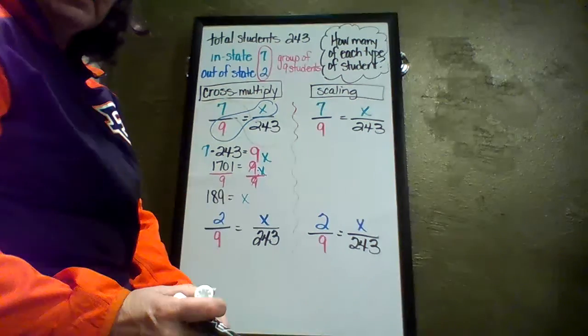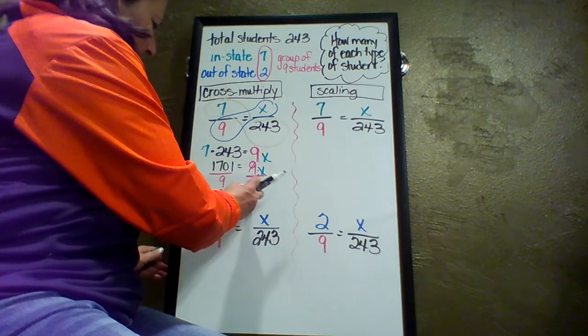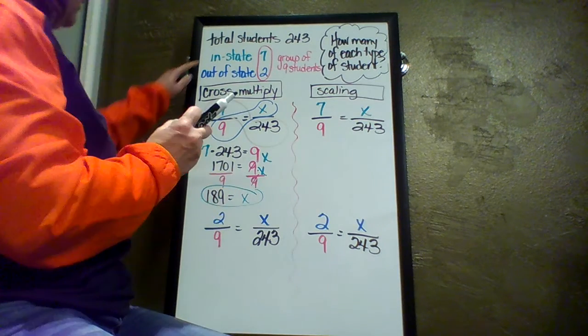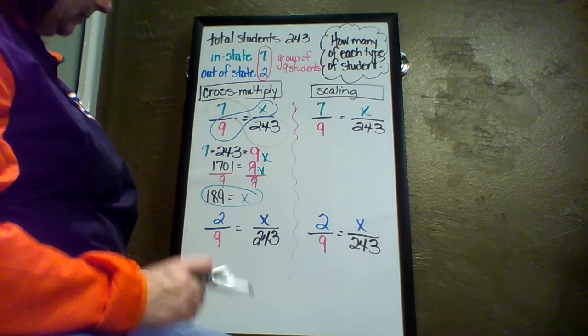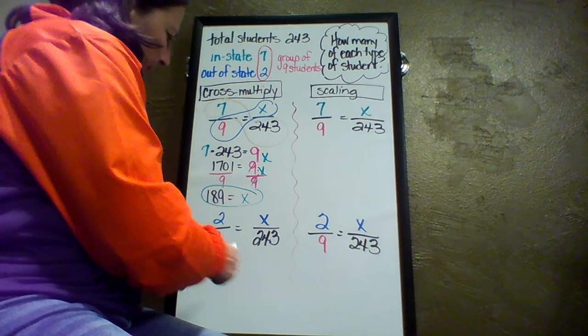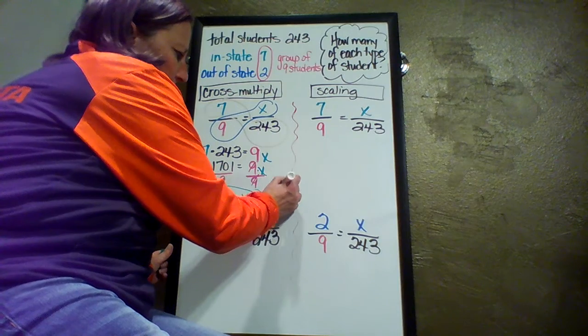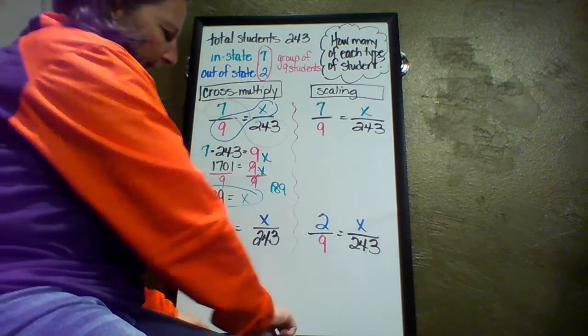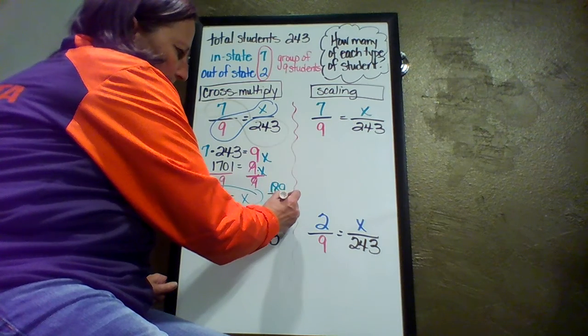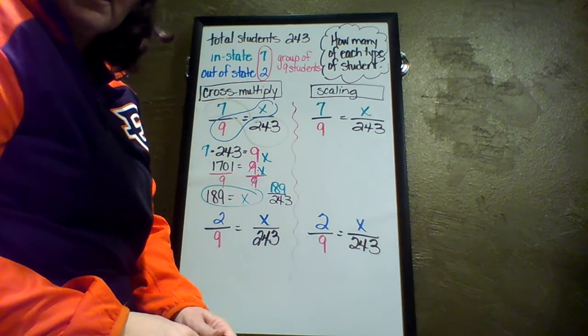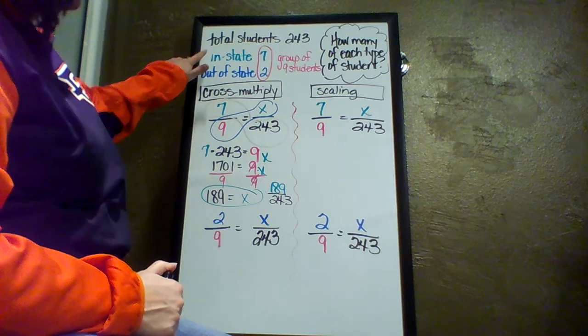Okay, so what does x represent? Well, the green x right here is representing my in-state students. So 189 students out of 243 students are in-state students.